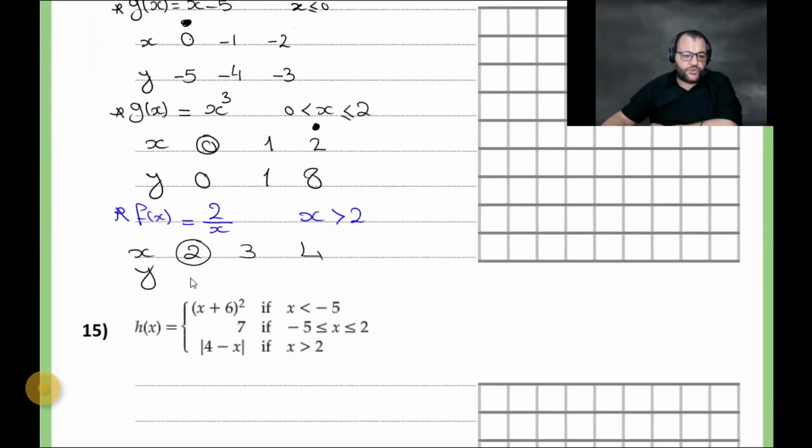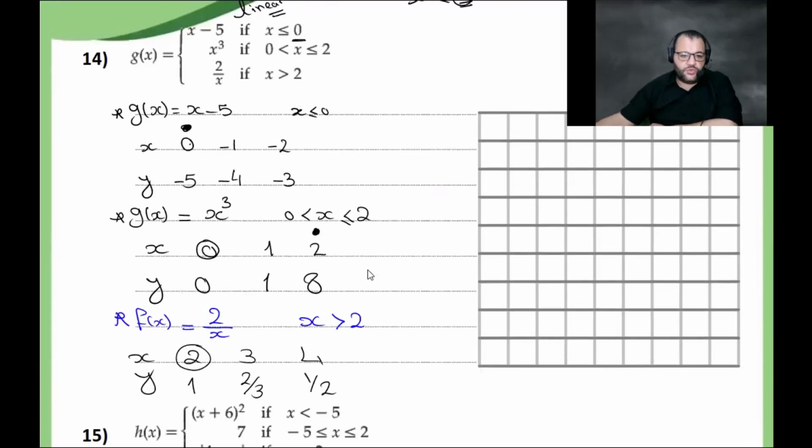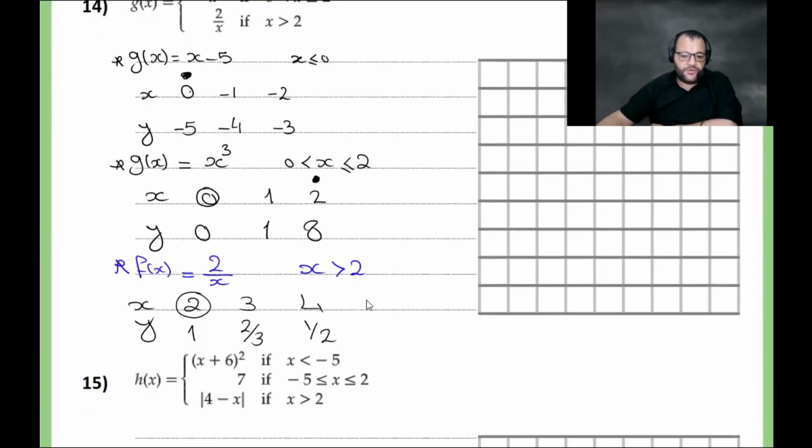So 2 over 2 equals 1, 2 over 3, 2 over 4, which is 1 over 2. Then 5 and 6: 2 over 5, which is 0.4, and 2 over 6, which is 1 over 3.